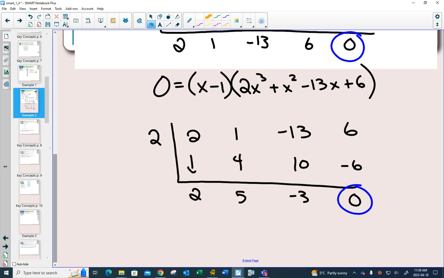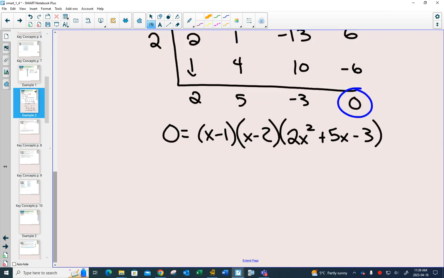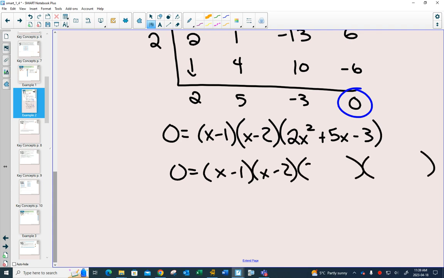So you take this equation, 0 equals. We still have the x minus 1 factor, but now you have an x minus 2 factor, and what's left is 2x squared plus 5x minus 3. And once you get to an x squared, now you can just factor like normal, it's going to be 2x and x to get 3.